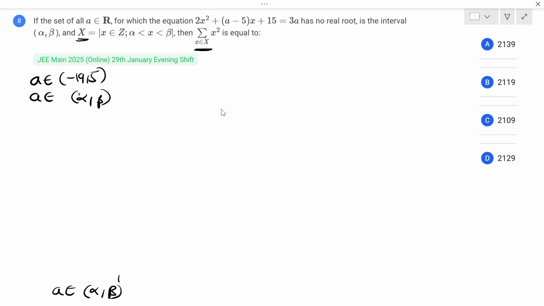Of course, alpha is minus 19, beta is 5. He is also saying to collect a set capital X, such that the integers are between alpha and beta, and you should not include alpha and beta. There is no equal to sign here, so don't include alpha and beta, but write all the integers, capital Z meaning integers, between minus 19 and 5.